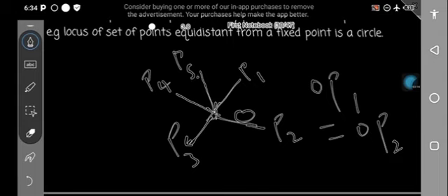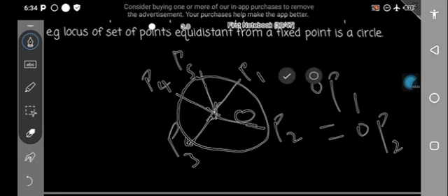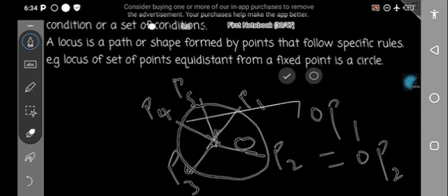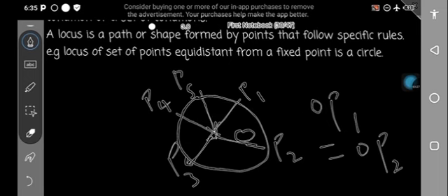Now, when we connect these points, though this is not a perfect circle, this is just what we are saying: drawing this, the locus of these points, all these points when joined together, forms a circle. That is the locus.